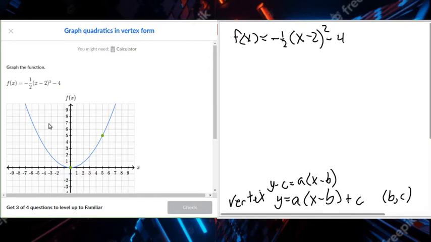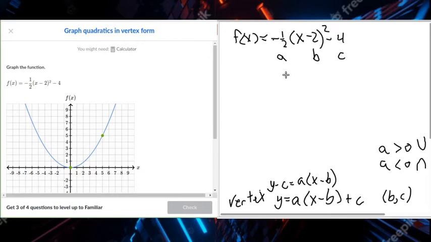Okay, so what can we see over here? We can see in this one, this is our a, this is our b, and this is our c. So if a is greater than 0, then it opens up, and if a is less than 0, then it opens down.